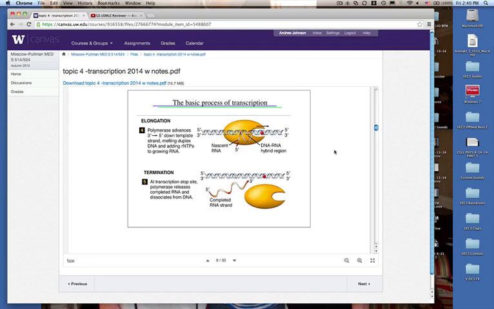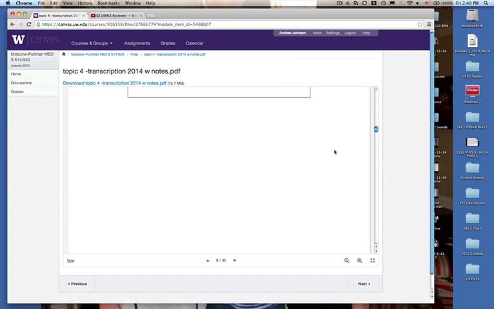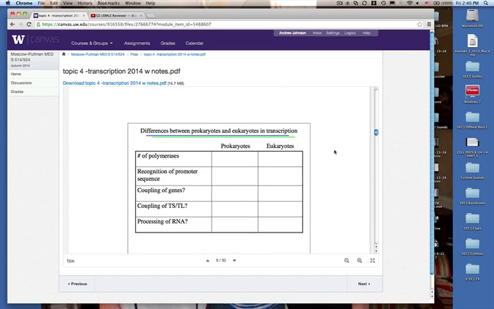This is a co-transcriptional modification process. Gets shipped off to the cytoplasm to hopefully get made, or maybe to be silenced by the microRNAs that are hanging around at the nuclear core waiting to grab it. Okay, so basic process of transcription.